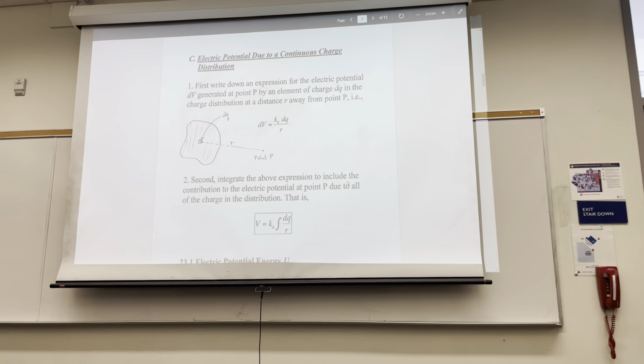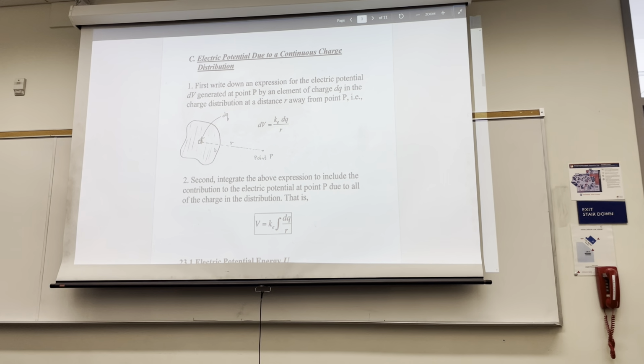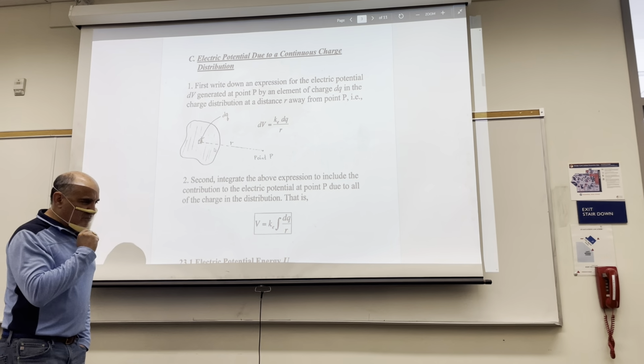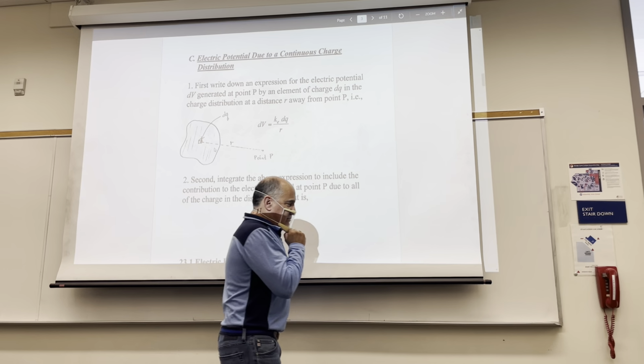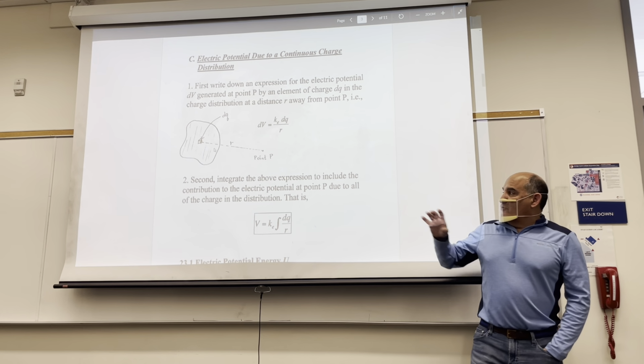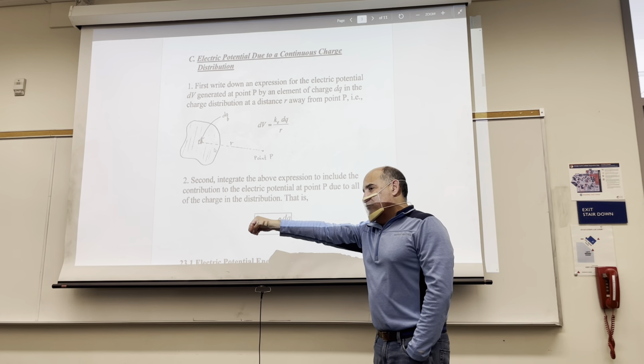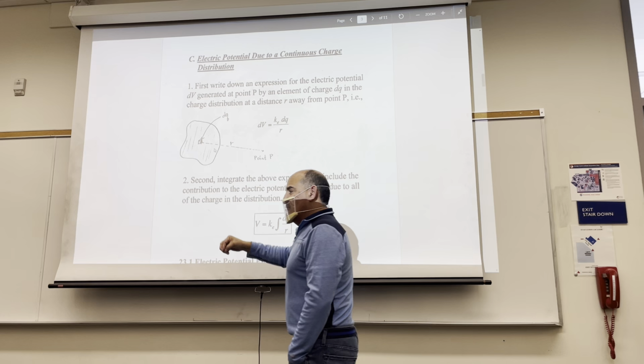Now, what I'd like to do today is, what happens if you have an object that has charge distributed throughout the object? How do you calculate the electric potential generated by it? Last time, I went over the calculation for the electric potential at some point generated by charge distributed over an object, but using the electric field produced by that charge distribution.